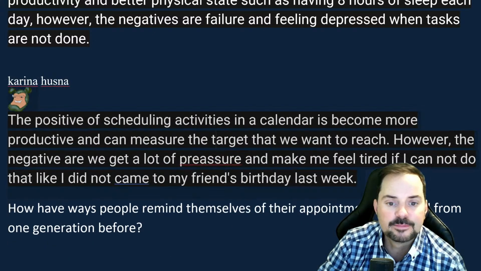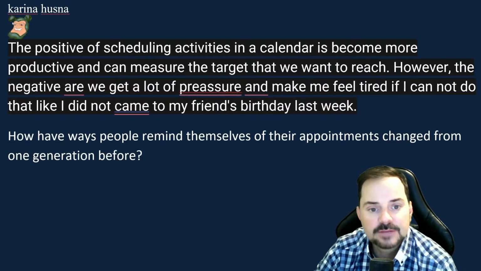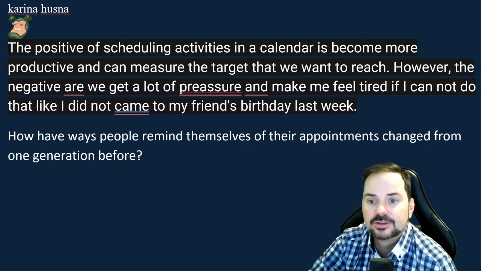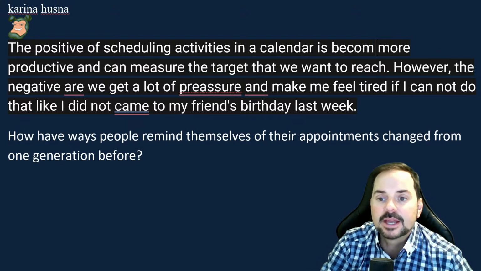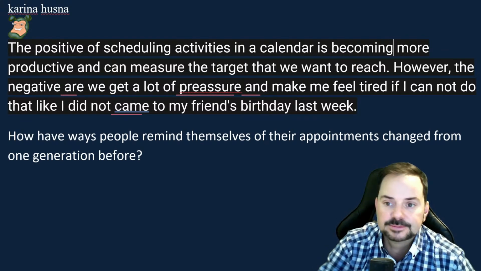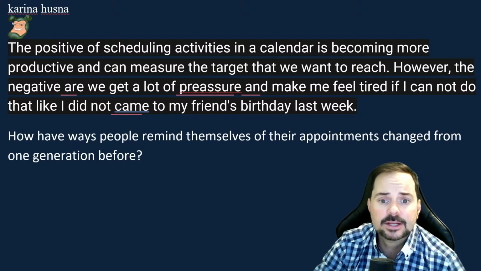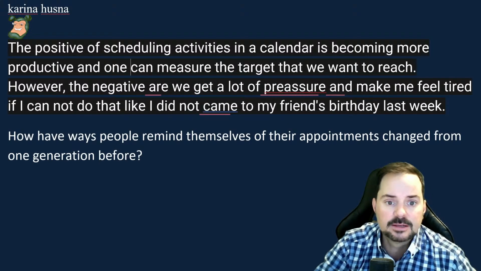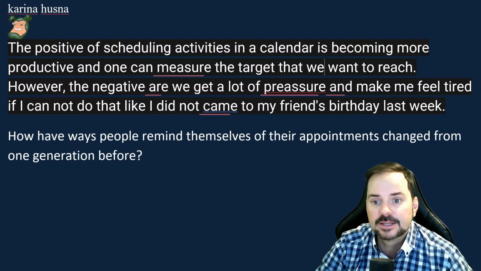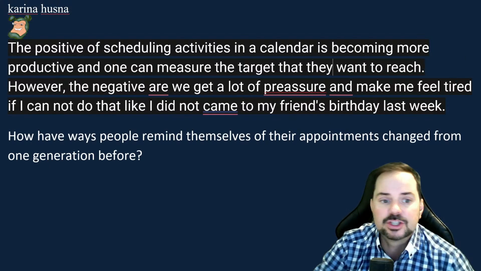Karina, one of our newer members, says the positive of scheduling activities in a calendar is becoming more productive, and one can measure the target that they want to reach.